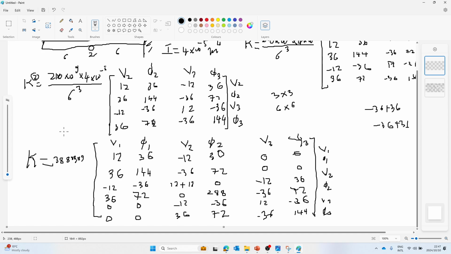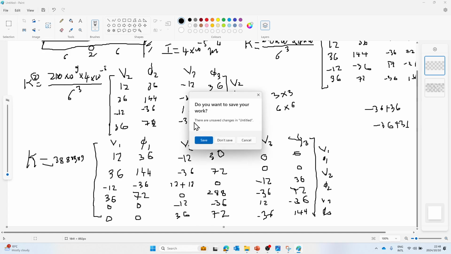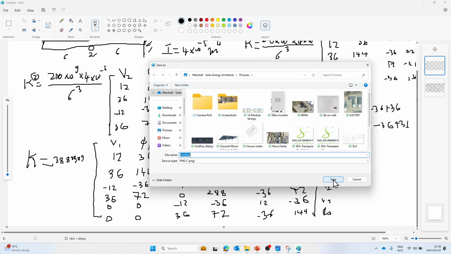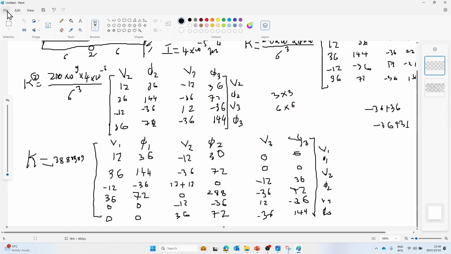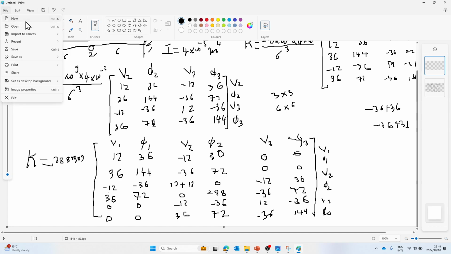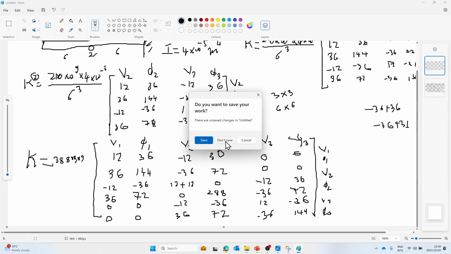Ice, just go on File and click New. Save your work? I don't want to save it, I just want to open new. No, I erased it then. Yeah, it is gone.